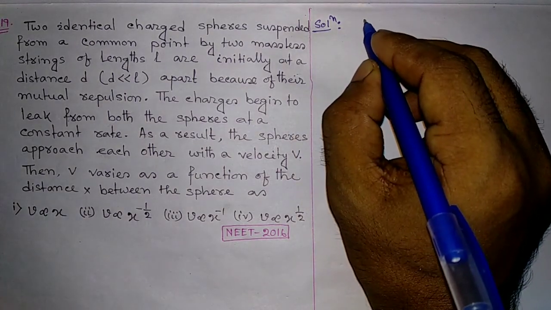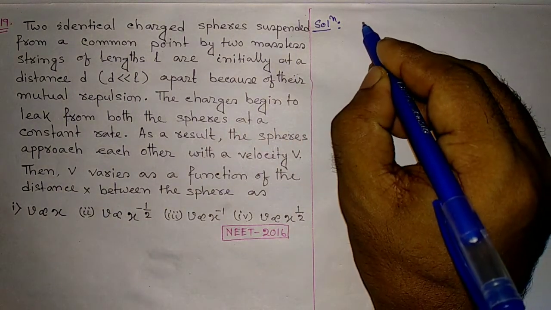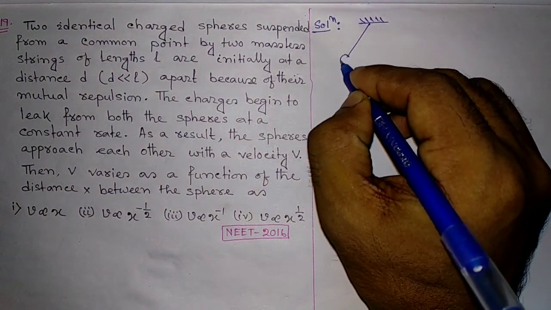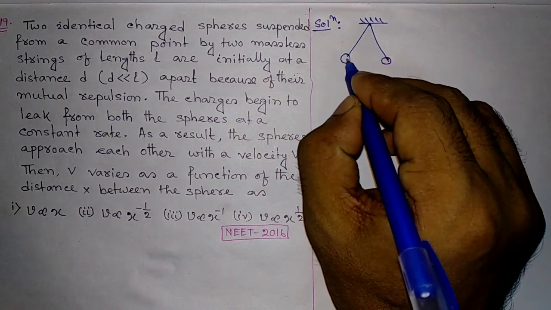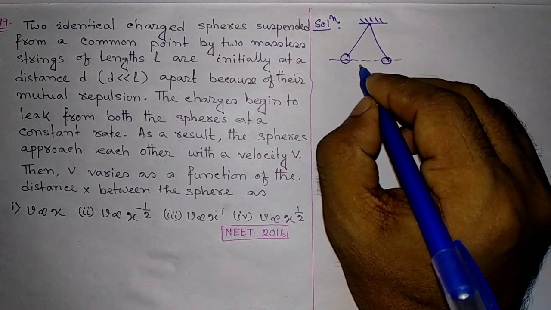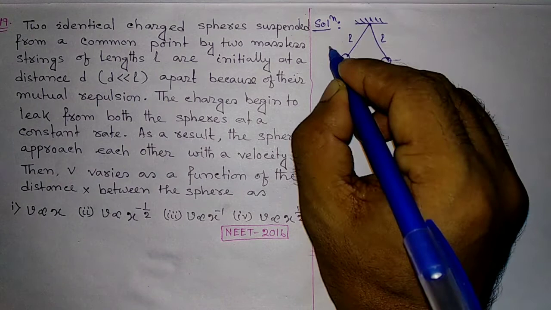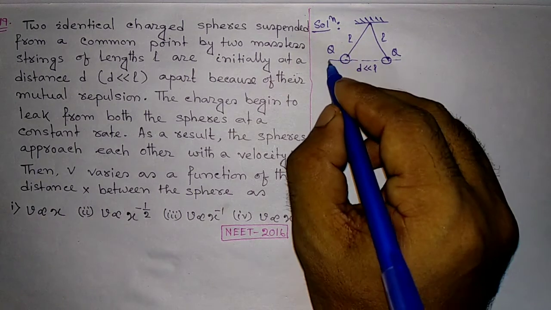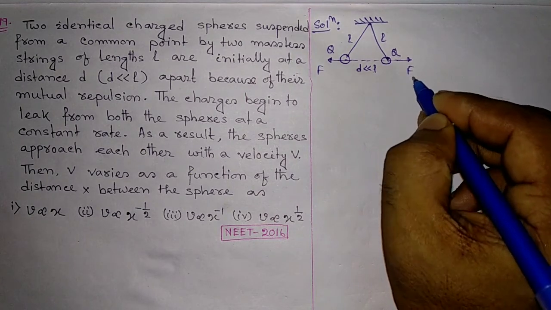Here are the two charges initially hanging from a point. The distance between them is d, which is very much less than L, where L is the length. Initially, suppose their charge is Q, and they experience force F. This is the Coulombian repulsive force.